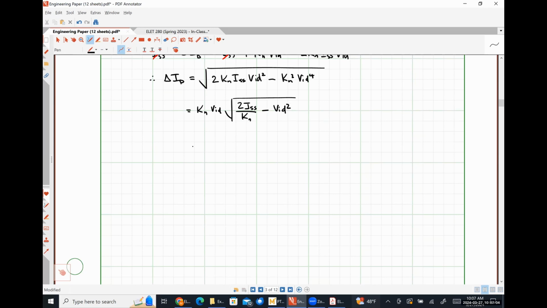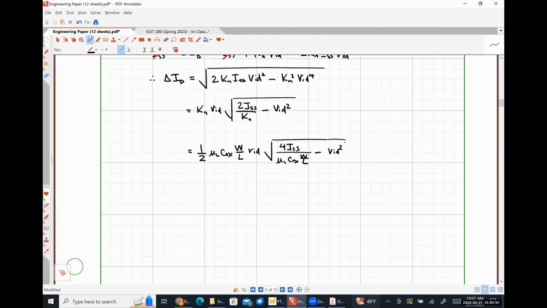And so that's going to wind up giving me 1/2 mu_n C_ox W over L times our differential input voltage times the square root of 4 I_SS over mu_n C_ox W over L minus V_ID squared. And I wanted it specifically in this form so that we could look at something here.